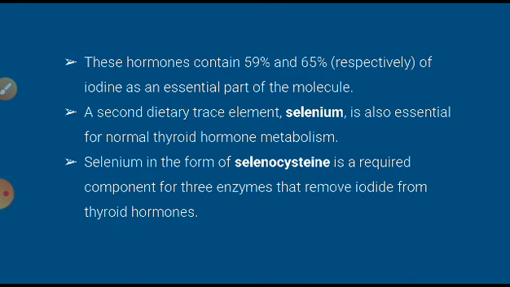These hormones contain 59% and 65% respectively of iodine as an essential part of the molecule. You know that because T4 has more iodine in it and T3 has less iodine in it. A second dietary trace element, this is again an important point, selenium, is also essential for normal thyroid hormone metabolism.